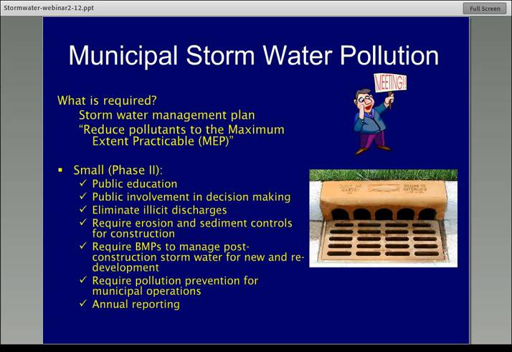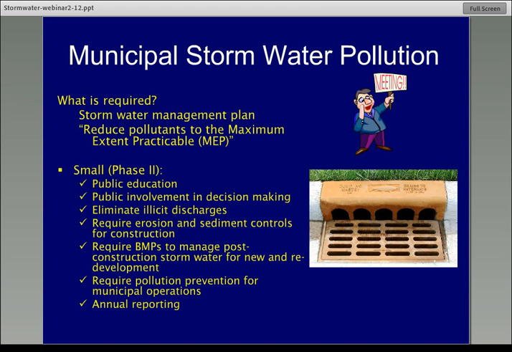Those are the 6 minimum measures that you may hear about, and this permit system was much more structured in that way, and that's why some states have taken these 6 minimum measures and required them of the larger entities as well.